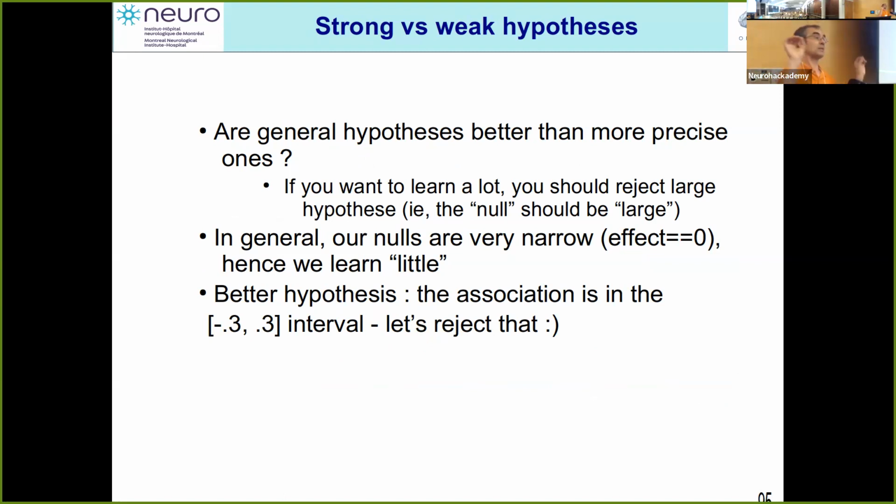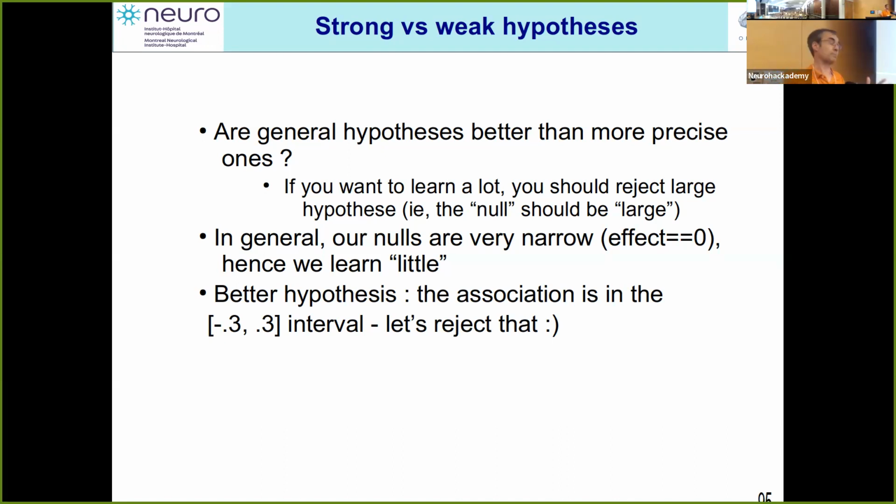A very narrow null is like, group A has exactly the same mean as group B, right? That's a very, very narrow null. So it's kind of easy to reject, if you have power at least, because there's no mass there. A better hypothesis is saying, hey, what is the interesting effect?